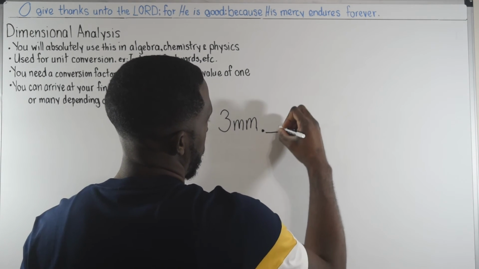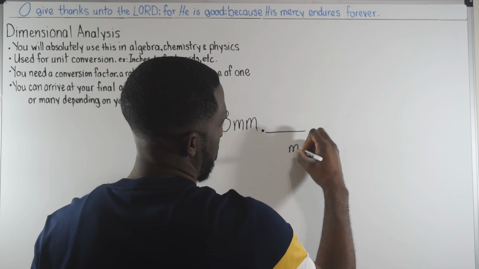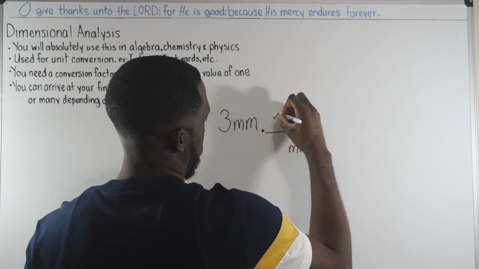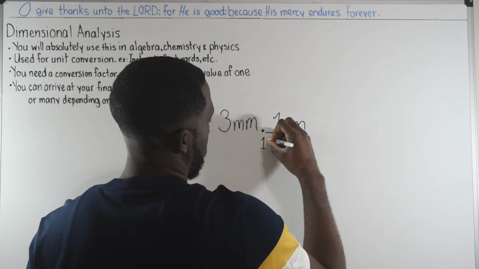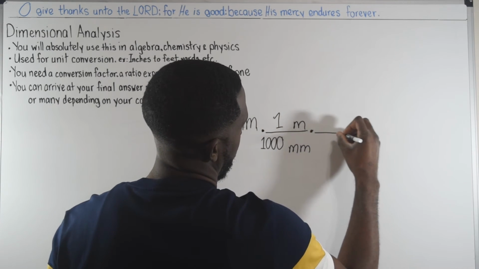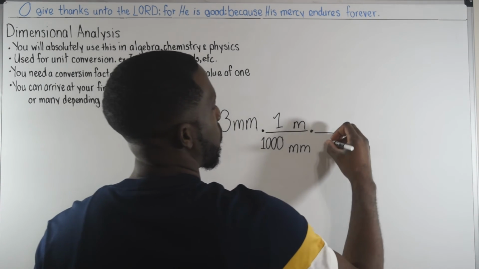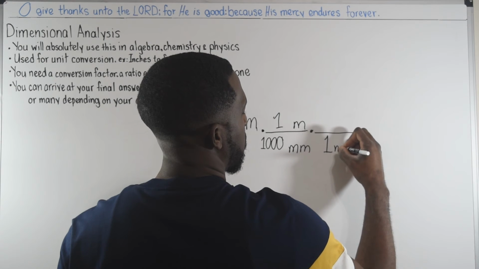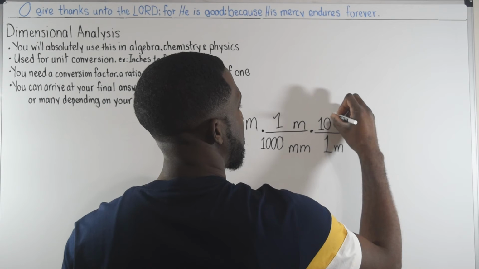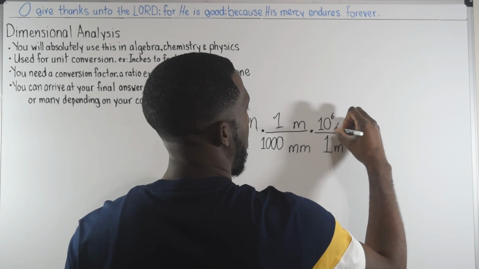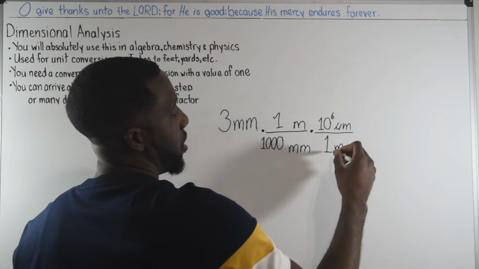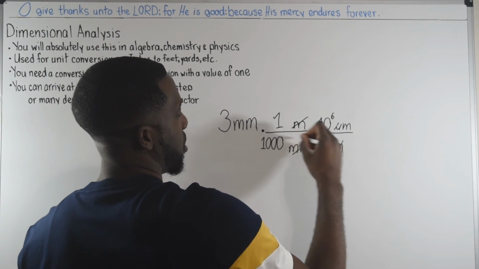All right, so we got millimeters and so we're gonna go to meters. In 1 meter, there are 1,000 millimeters. Okay, and in 1 meter, there are 10 to the 6th micrometers. Okay, so this is gone, this is gone, this is gone, and this is gone.